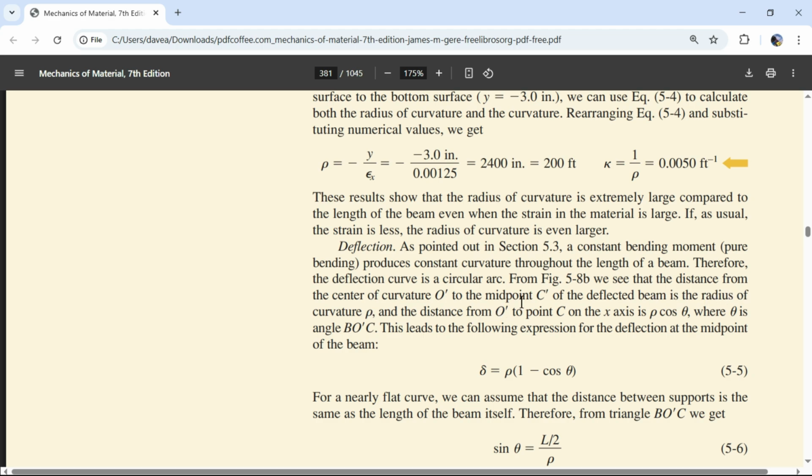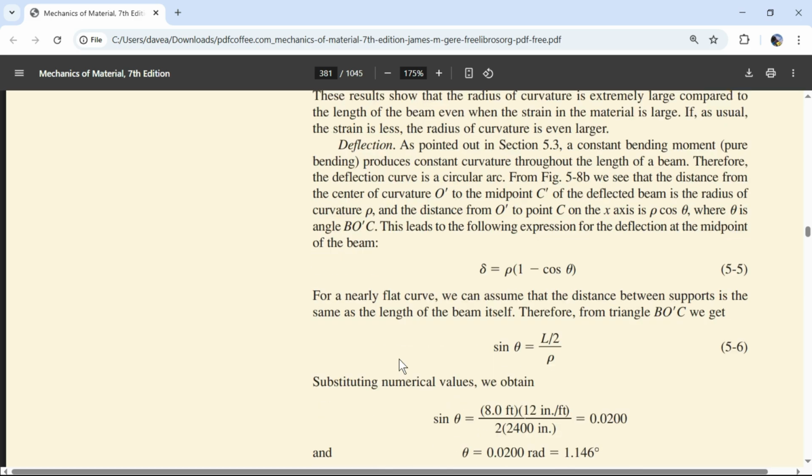And the distance from the center to the distance C, which is the chord length from the neutral axes, on the x-axis is rho cosine theta, where theta is that angle, and then this leads to the following expression for the deflection at the midpoint, and we already went through that.